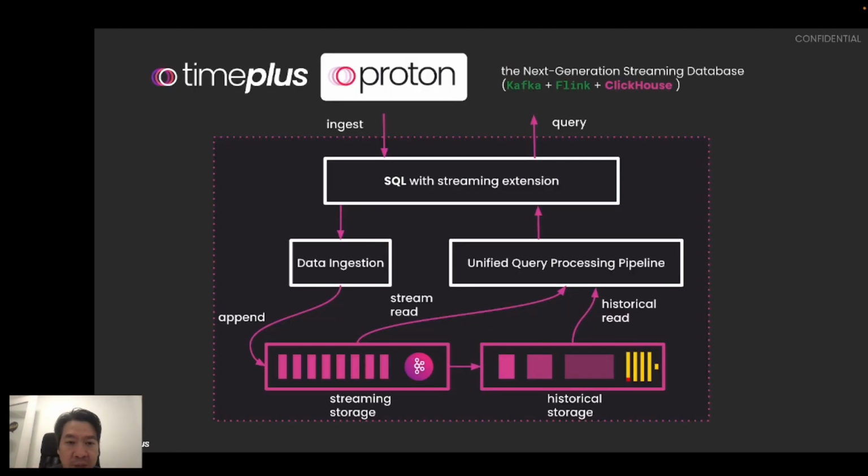What I'm going to talk about today is based on an open source streaming data engine called Proton. Proton is like a streaming database. It's a combination of Kafka, Flink, and ClickHouse. The whole architecture is actually a two-system design.